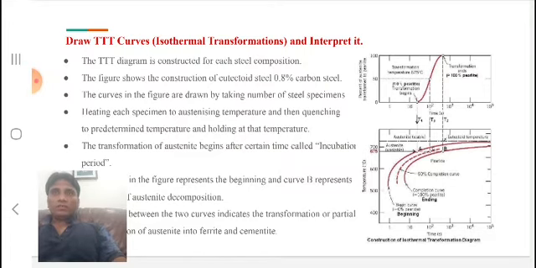The transformation of austenite begins after a certain time period, which we already discussed. So how?